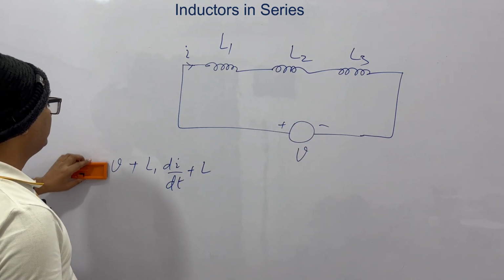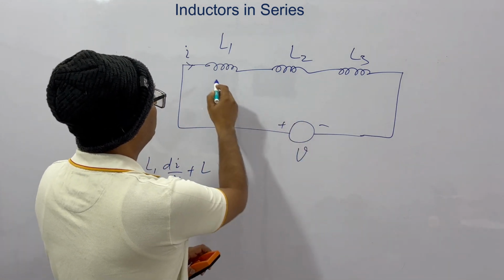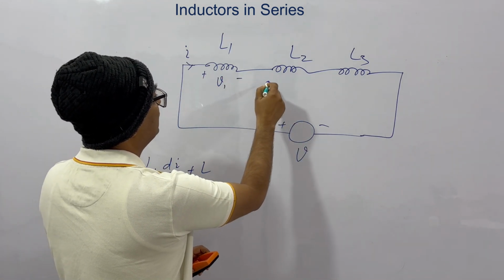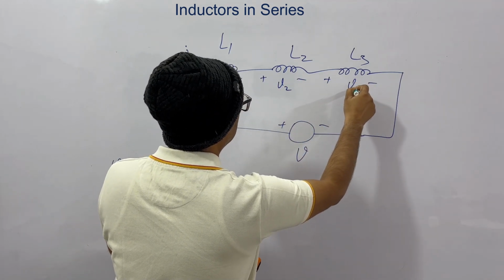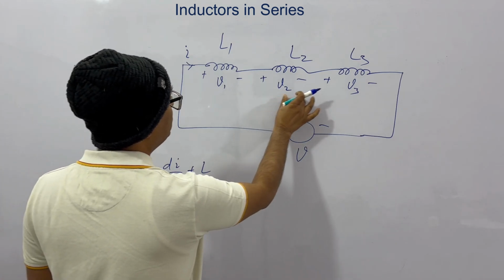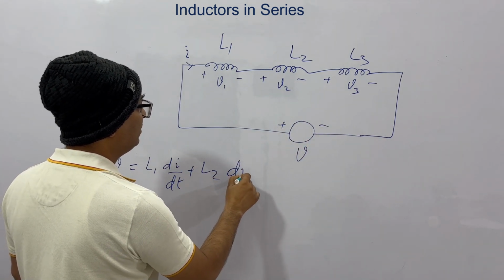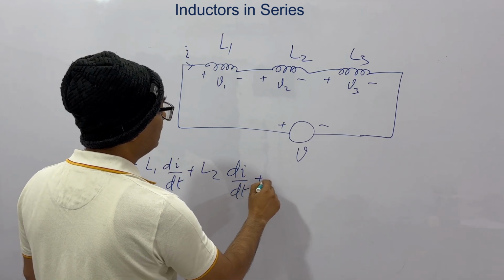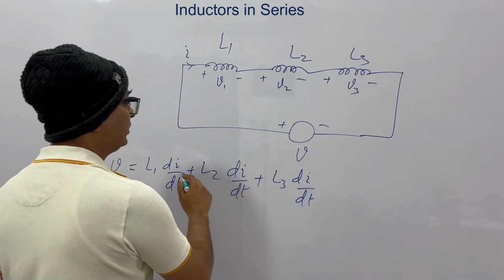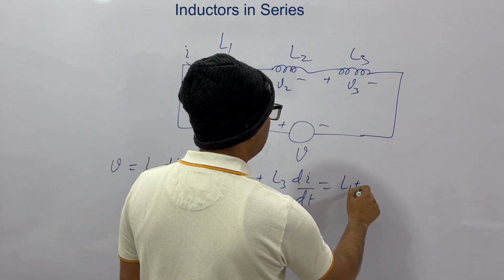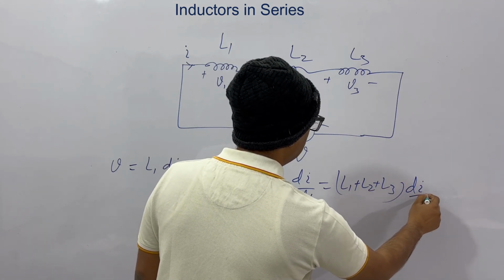So we can write V is equal to this, if this is V1, this is V2 and this is V3. So V is equal to V1 plus V2 plus V3, where V1 is L1 di by dt, V2 is L2 di by dt and V3 is L3 di by dt. Now you can write it as L1 plus L2 plus L3 times di by dt, because di by dt is common.